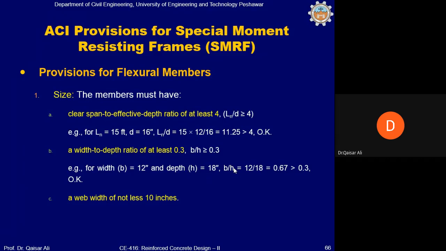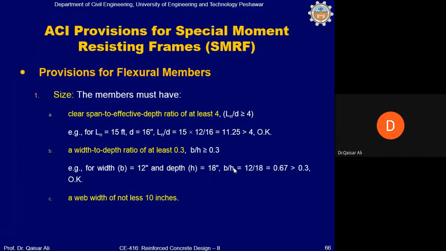This condition has been placed in order to avoid some kind of slenderness in the beam with respect to the depth of the beam, not with respect to the length of the beam. If the beam width is too small and it is too deep, then along the depth of the beam there will be some kind of slenderness which needs to be avoided.